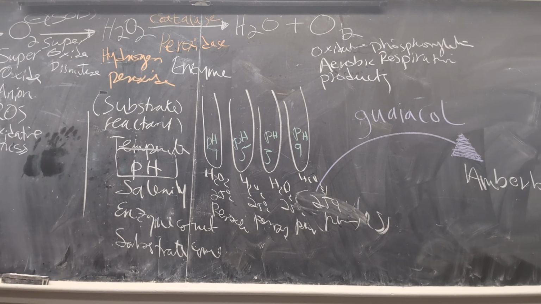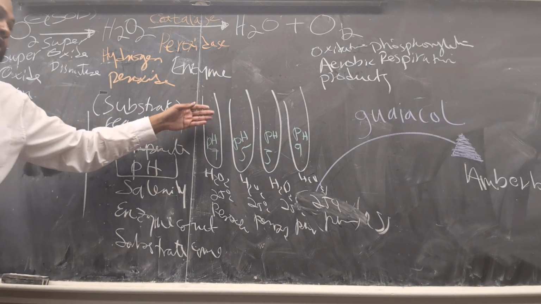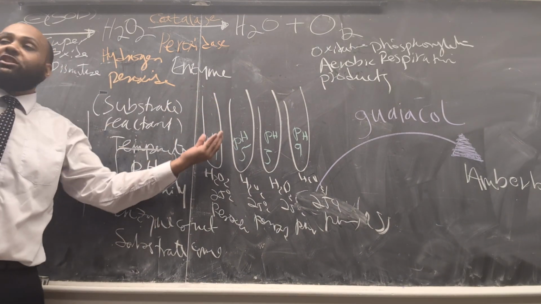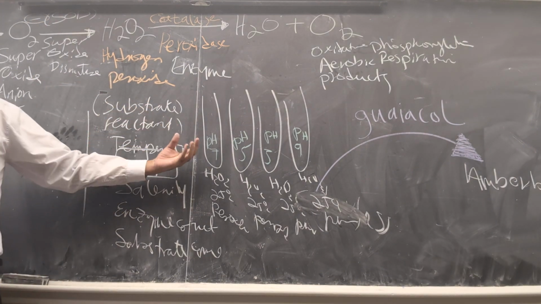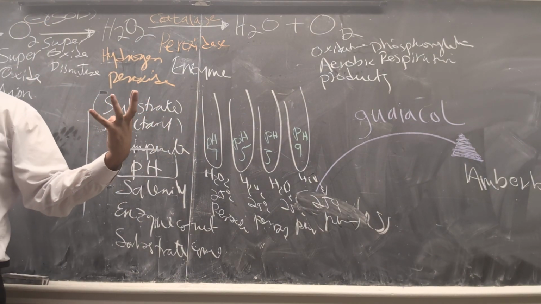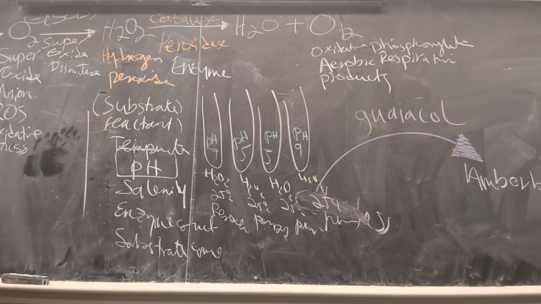And what I'm going to do is, how are we going to be able to tell which test tube had the most product? Well, obviously in lab you can say, well, test tube number 4 with pH 5 was really dark, okay?